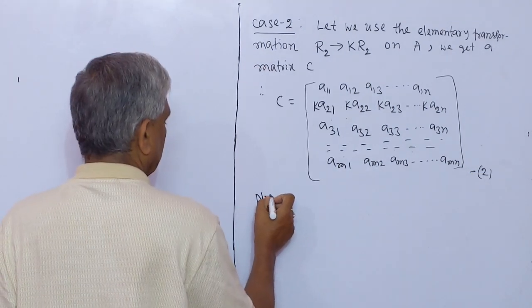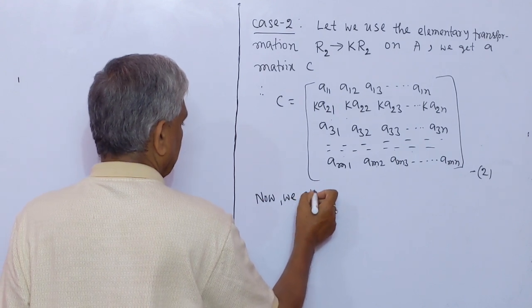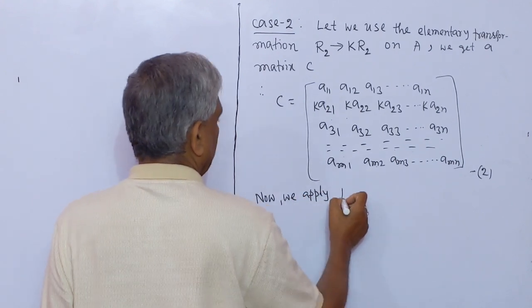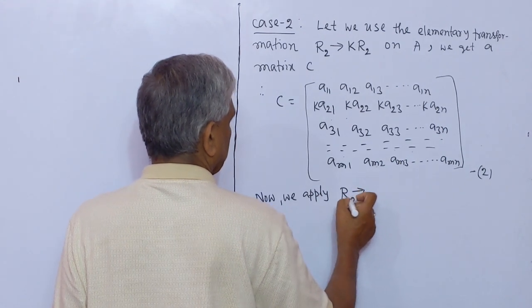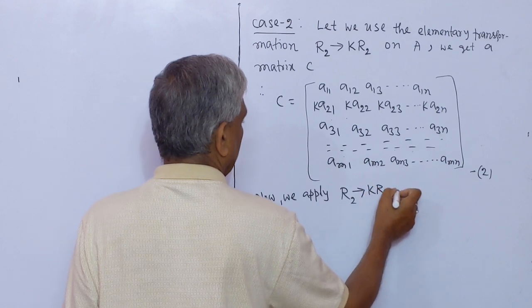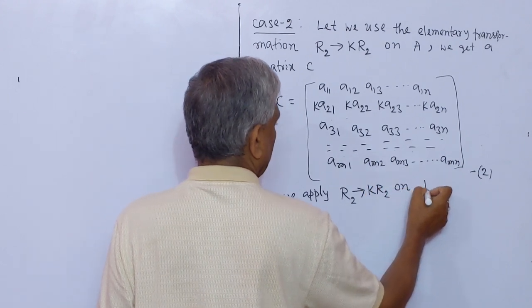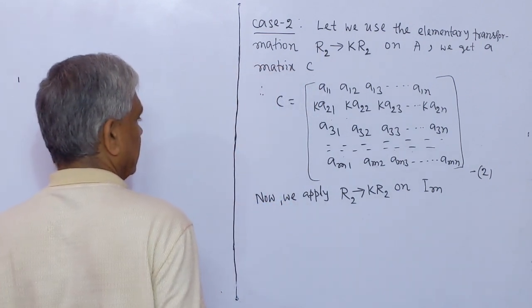Now we apply the operation k R2 on IM, means the unity matrix.